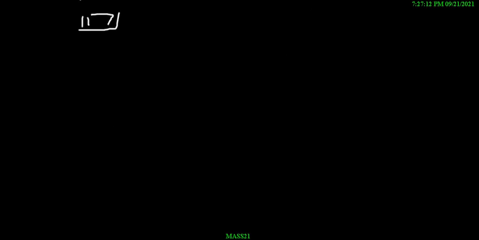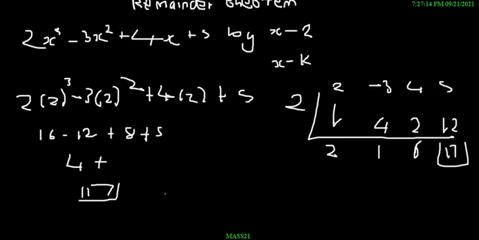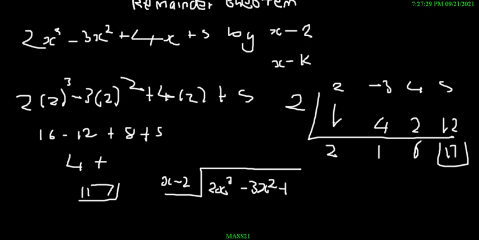You can see that we've gotten the same thing. And we can use long division as well. Long division: x minus 2 into x to the power 3 minus 3x to the power 2 plus 4x plus 5.